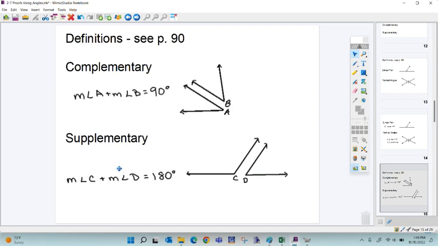Sometimes people will remember complementary and supplementary and know they add up to something, but reverse them. So the easy way, sometimes people will think C comes before S, 90 comes before 180, just to help you fix in your mind which is which. So complementary are two angles whose sum is 90, supplementary two angles whose sum is 180.